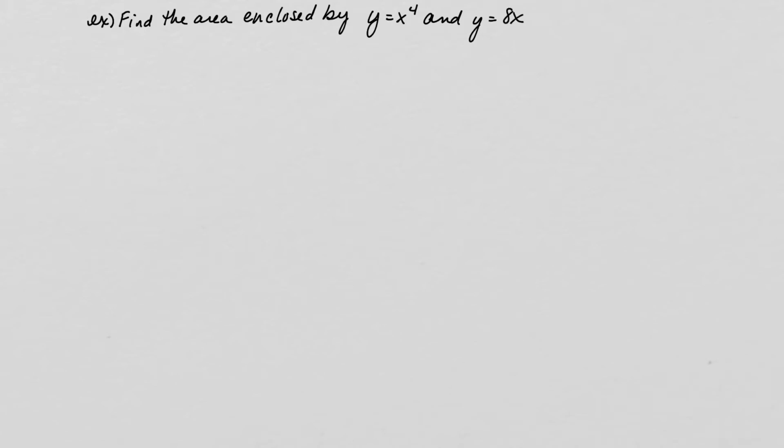All right, so my first example here is: find the area enclosed by y equals x to the fourth and y equals 8x. First thing I'm going to do is draw those curves. So y equals x to the fourth, it kind of looks like a parabola, but with a flatter bottom than our parabolas usually have.